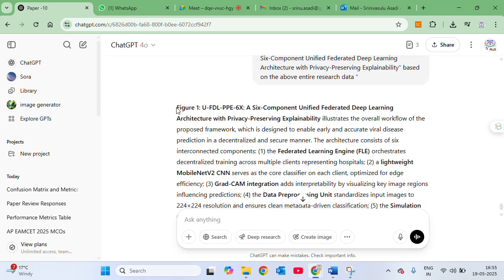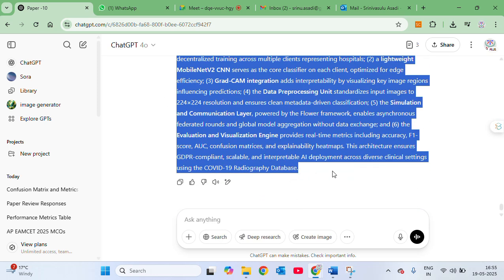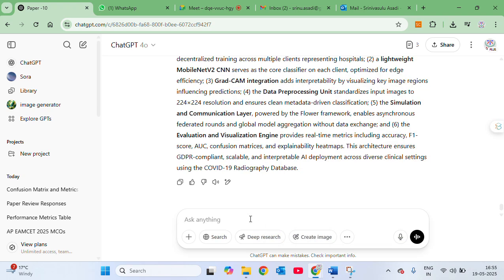Yeah, now this figure name, paraphrase and make it humanoid text for this data.